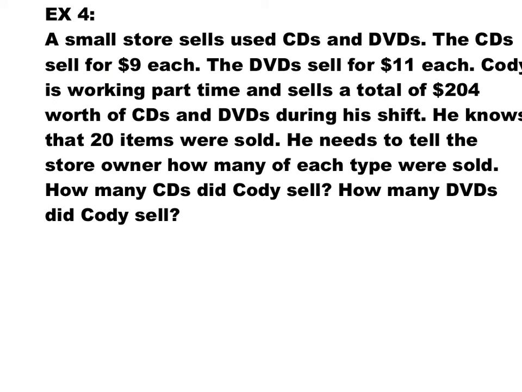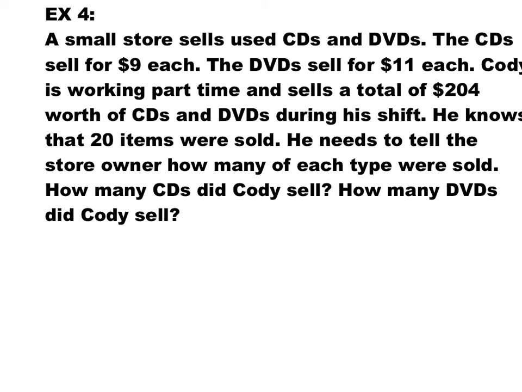In the last example, we have a small store which sells used CDs and DVDs. The CDs sell for $9 each. The DVDs sell for $11. Cody works part-time and sells a total of $204 worth of CDs. So let's introduce variables here.